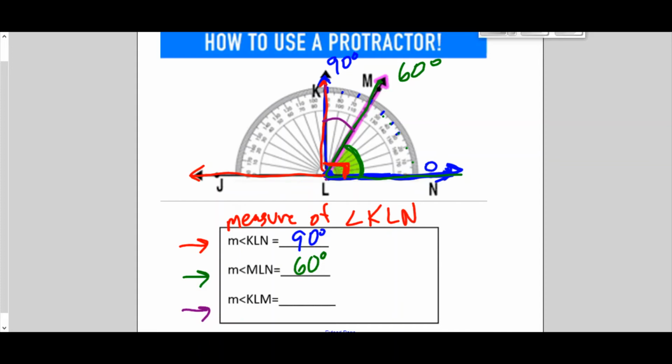And we know this little piece here is 60. So to find KLM, we could take 90, because we know this is the whole angle, and subtract 60 from it. So the measure of angle KLM would be 30, because 30 and 60 is 90.